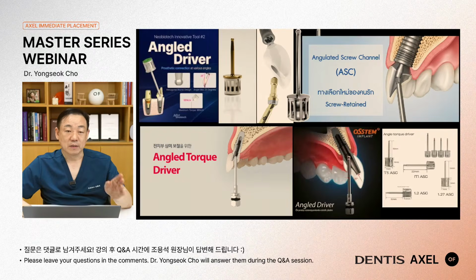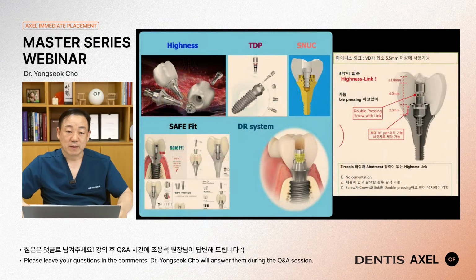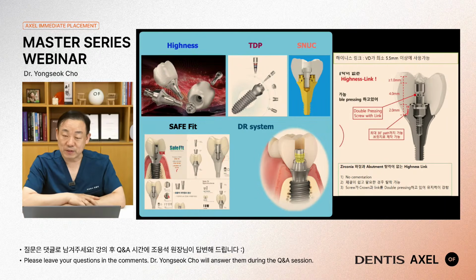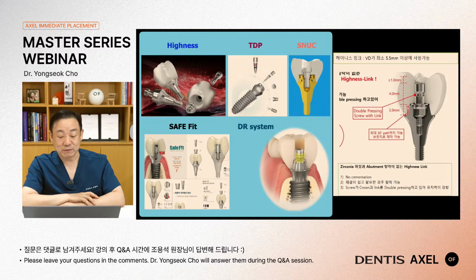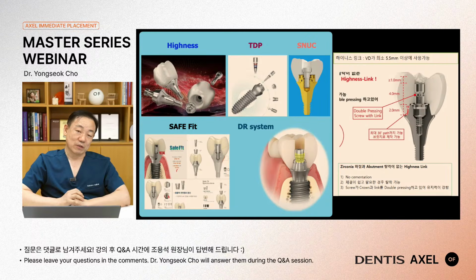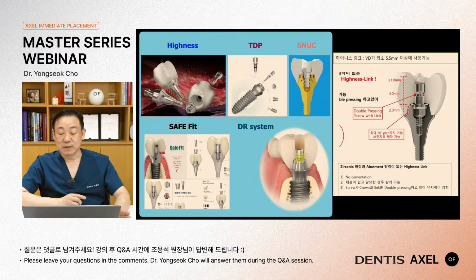Okay? There are several angled drivers available from implant companies. And in addition, several cementless prosthetic systems that have recently gained popularity can compensate for the implant angulation by up to approximately 25 degrees, which allows the fabrication of a screw-retained restoration even when the implant is placed somewhat outside the ideal trajectory.